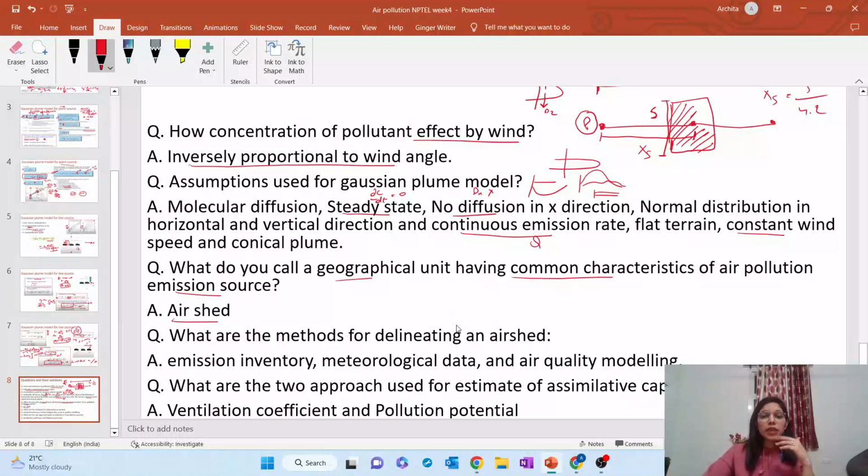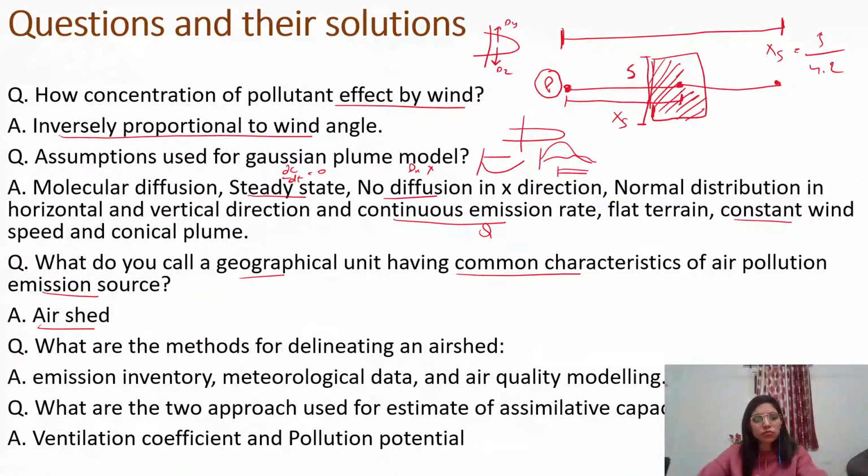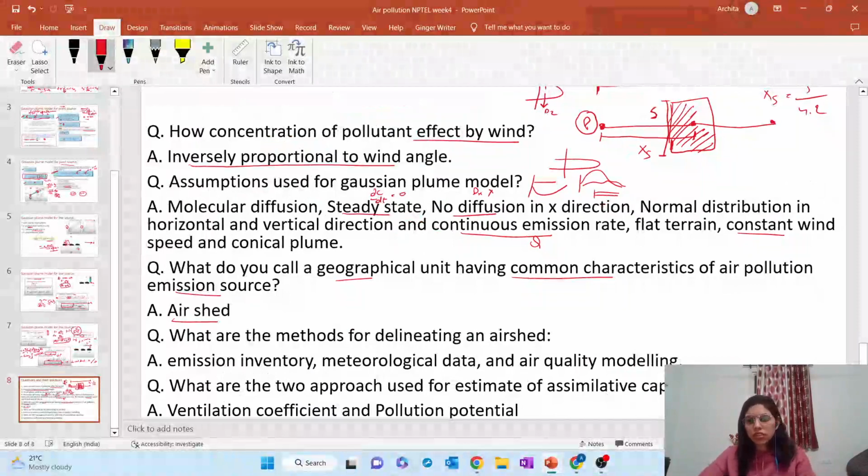Now, what are the methods for delineating an airshed? That means, how do you determine that a particular region is an airshed? To do that, we need three things, which will be discussed in the next lecture. One is emission inventory, meteorological data, and air quality modeling.